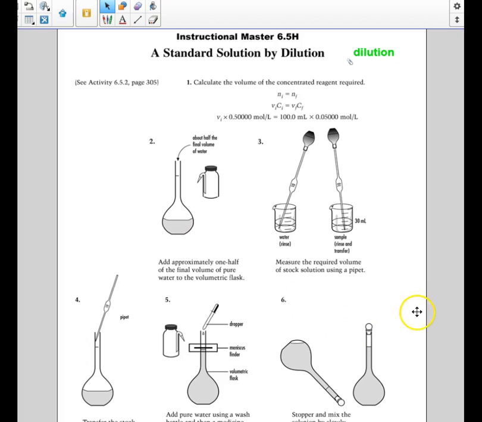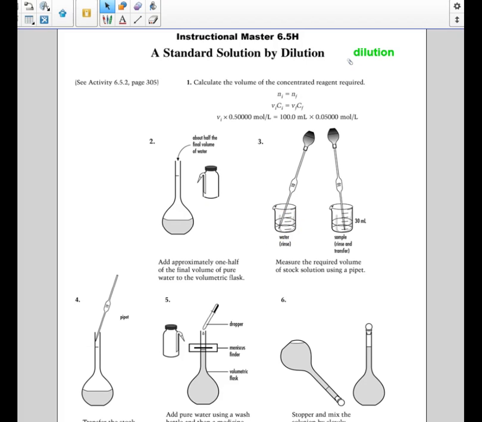So I would tend to follow this, especially step 3, because unless you're starting with brand new volumetric pipettes, you're going to have the need to at least rinse them to ensure that you're pretty much transferring as much as possible just your solution. There could be dust inside that could contaminate, so getting that rinsed off with water and at least the solution a couple times is good practice.